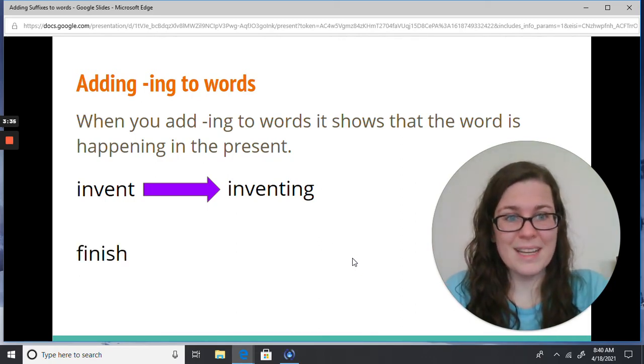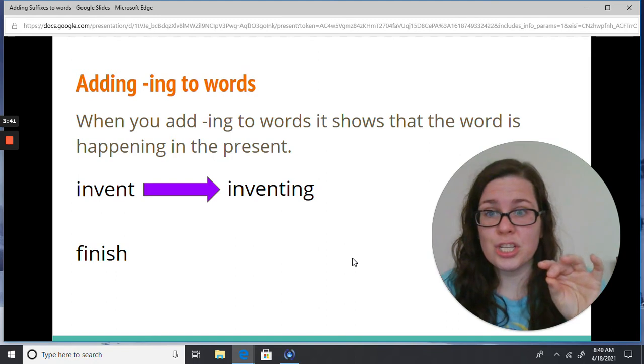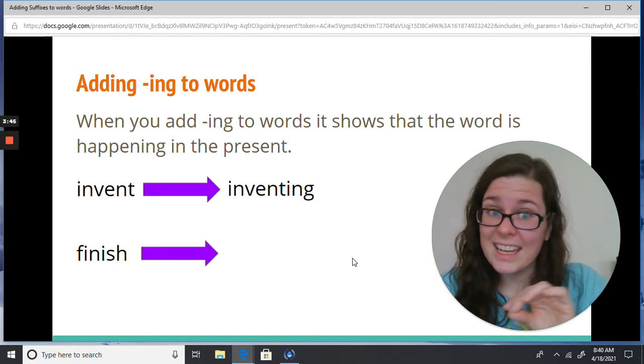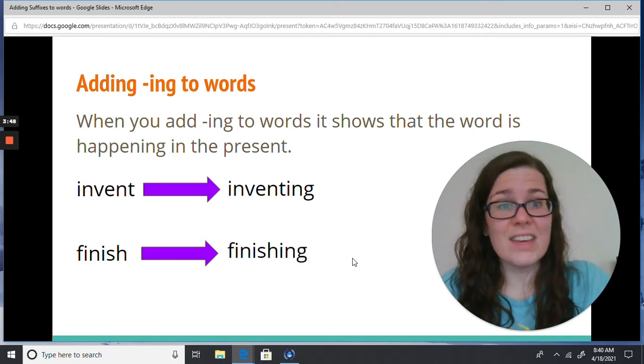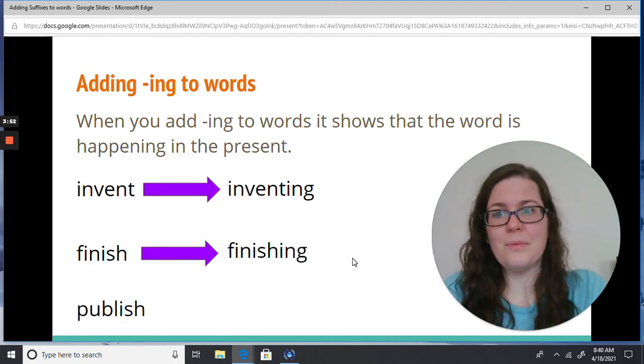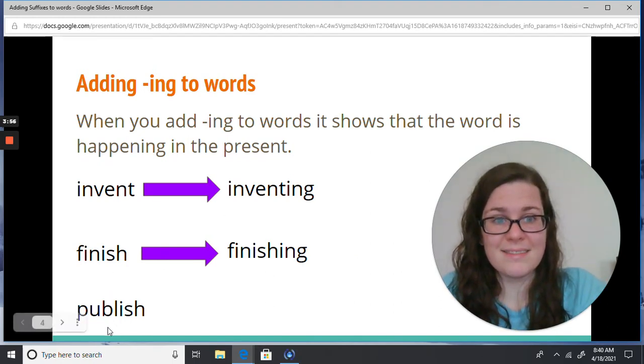Here's another one. Here's one that we added S to. Finishes. In and then ish. When we add ing to finish, you get finishing. And then we have a two-syllable word. Let's split it at the consonants.